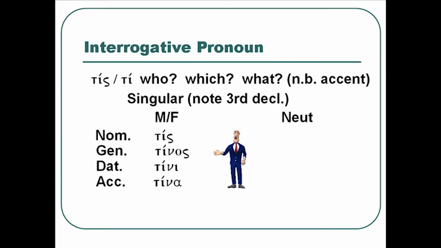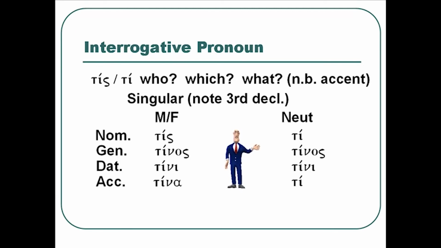You'll notice that the accent falls on the first syllable when there are 2 syllables, as opposed to the indefinite pronoun, which has it on the second syllable, on the ultima. So if the accent is on the penult, it's an interrogative question marker, and if it's on the ultima, then it's the indefinite pronoun.